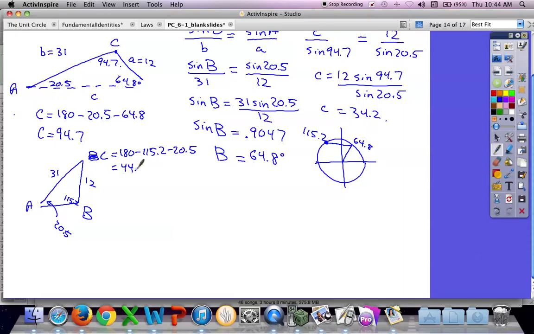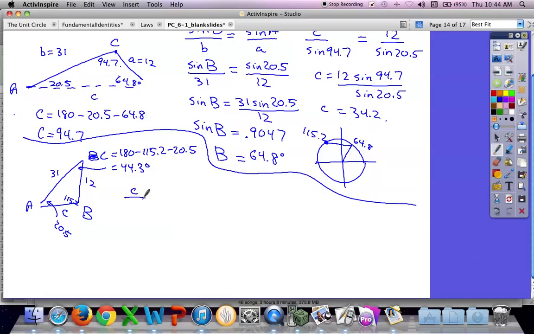Okay, sounds good. So that goes here. And we have these two sides. We've still got to solve for our side C. So C, we're doing the same setup there.